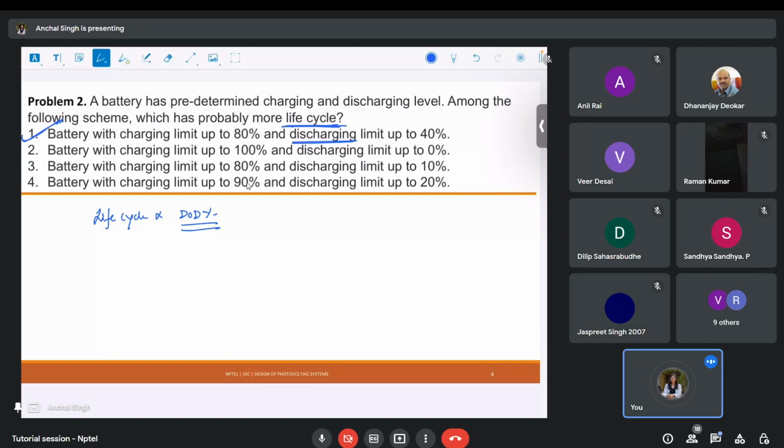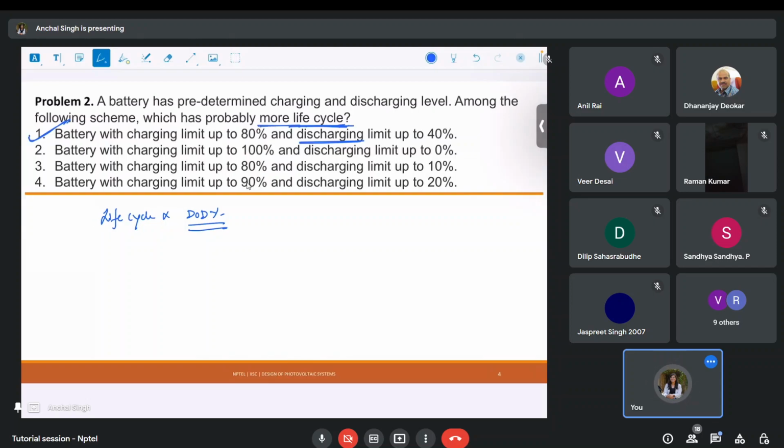No, so here the meaning that we are trying to say is that what we want is more life for my battery, right? So if I am discharging my battery up to 0%, DOD is higher. If suppose this is my battery, we calculate the depth of discharge from this point, right?